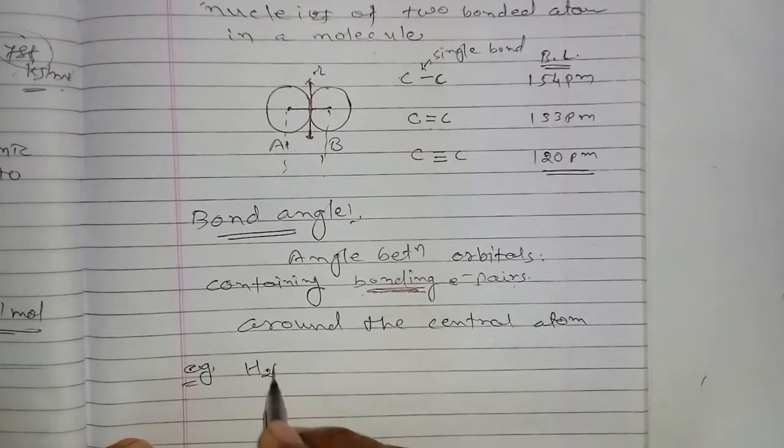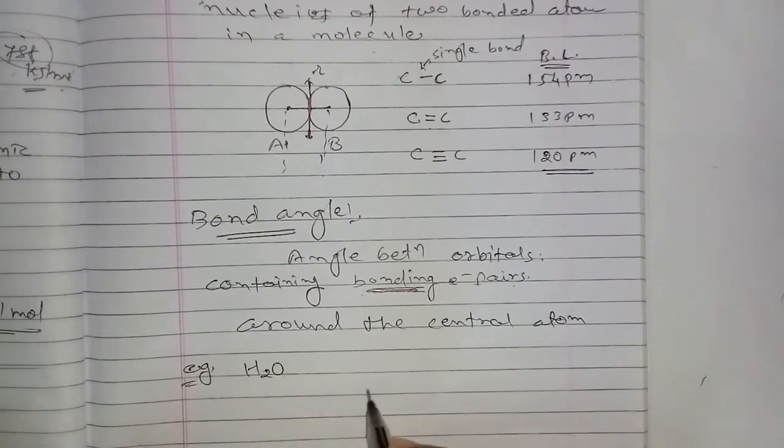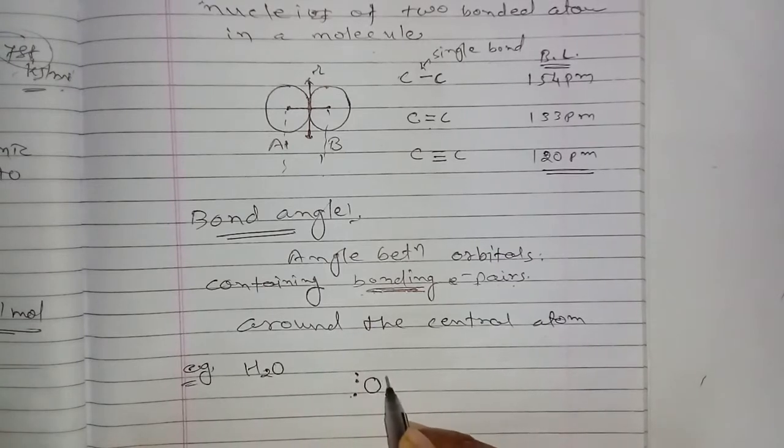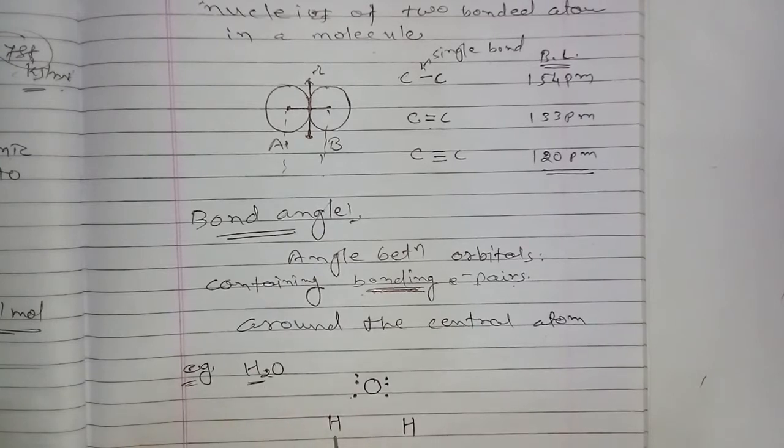For example, in water molecule, oxygen has two unpaired electrons and two paired electrons. There are two hydrogen atoms, each with one unpaired electron.